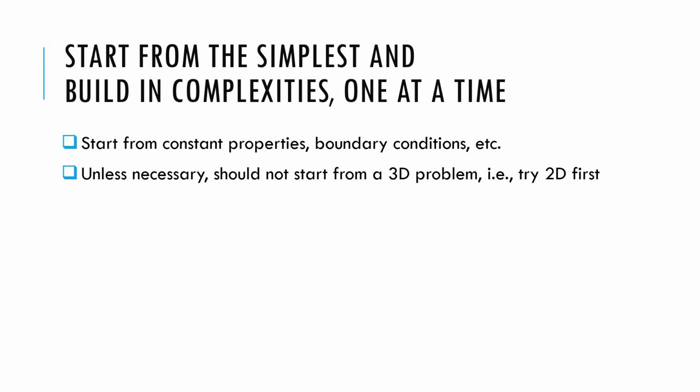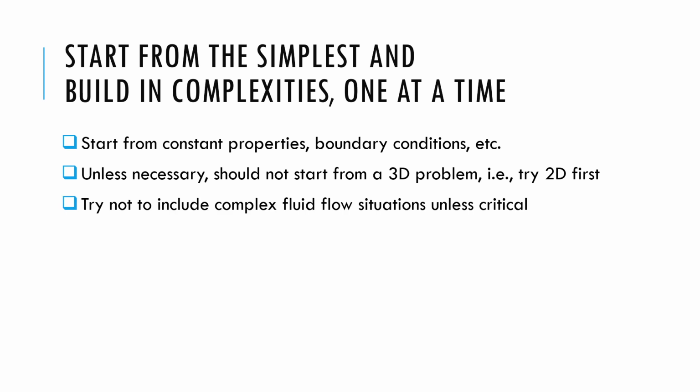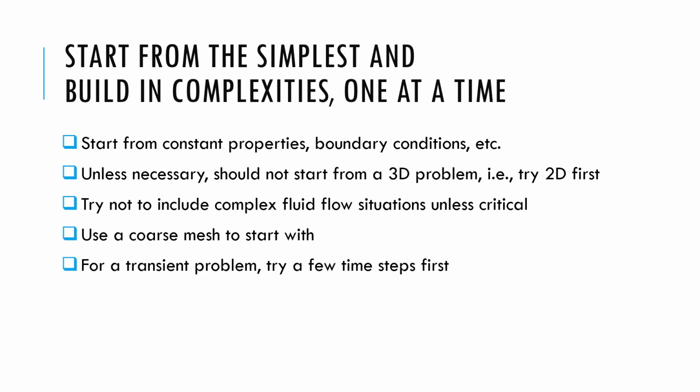Unless necessary, we should not get into a 3D geometry. We should try with 2D first. Then we don't need to include complex fluid flow unless that is the critical part of the modeling. And we use a coarse mesh to get started.